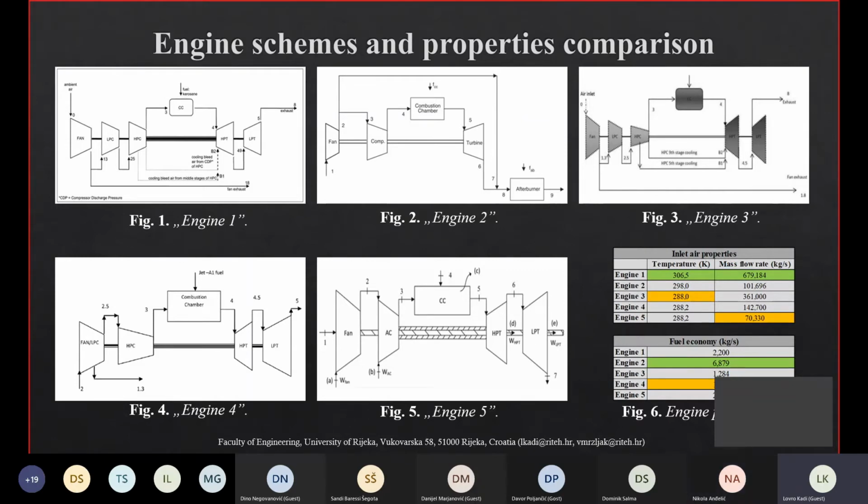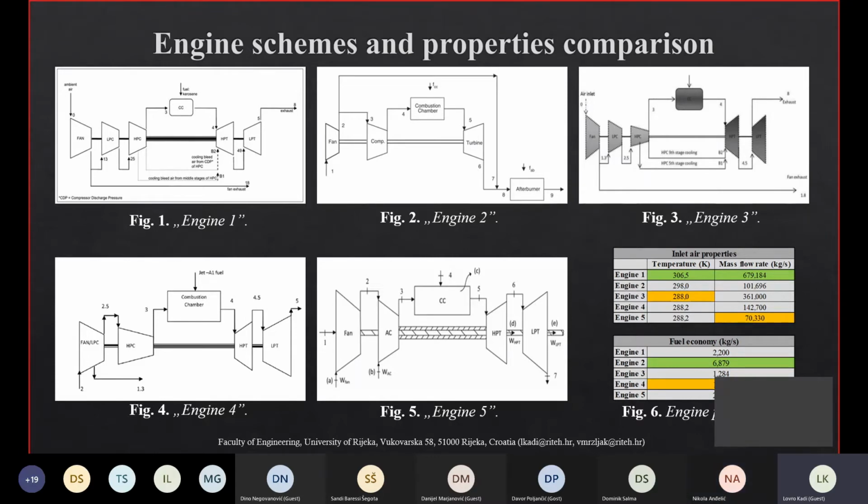The schemes of these engines are shown here on figures 1 to 5. Each engine generally consists of the following components: fan, low pressure compressor, high pressure compressor, combustion chamber, high pressure turbine, and low pressure turbine. Engine 2 is the only exception, as it is also fitted with an afterburner.